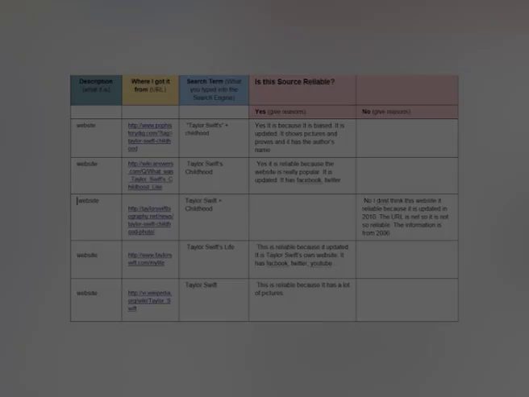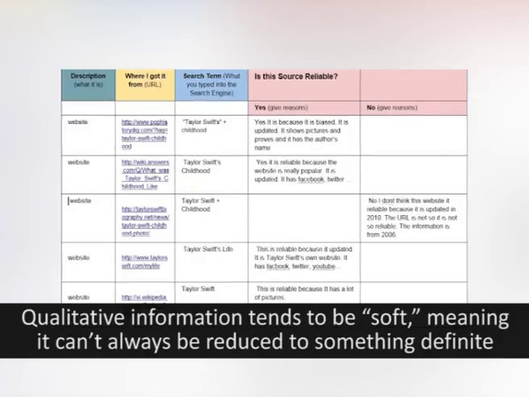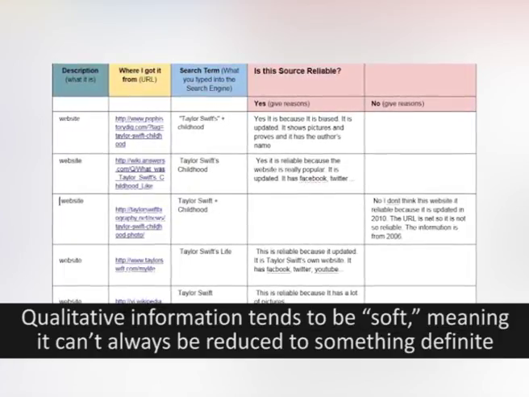Qualitative data. Unlike numbers or hard data, qualitative information tends to be soft, meaning it can't always be reduced to something definite. That is in some ways a weakness, but it's also a strength. A number may tell you how well a student did on a test. The look on her face after seeing her grade, however, may tell you even more about the effect of that result on her.